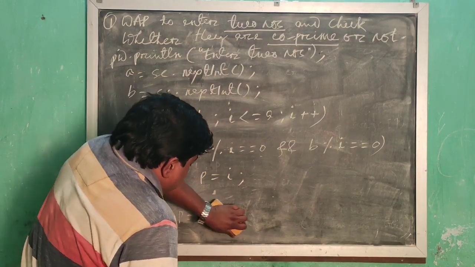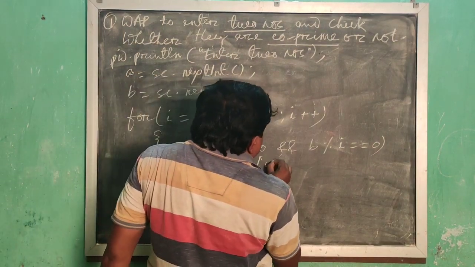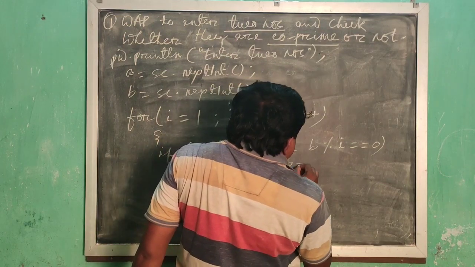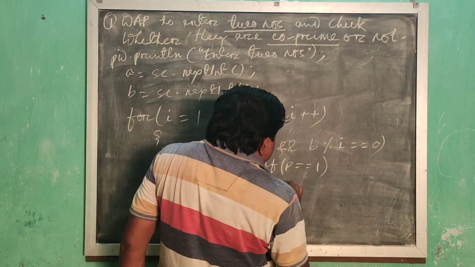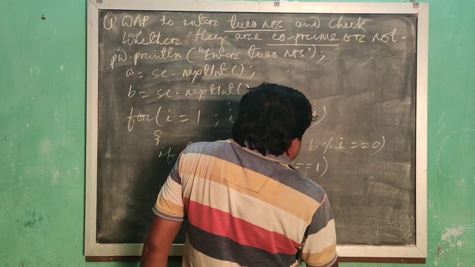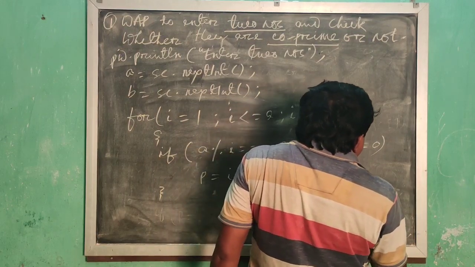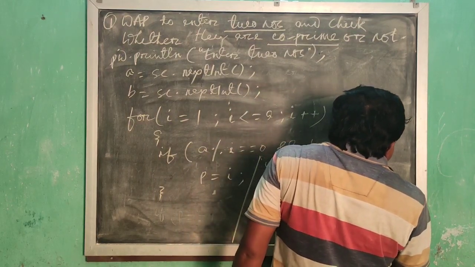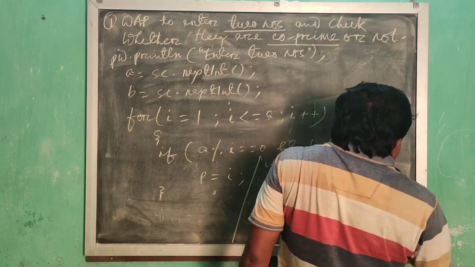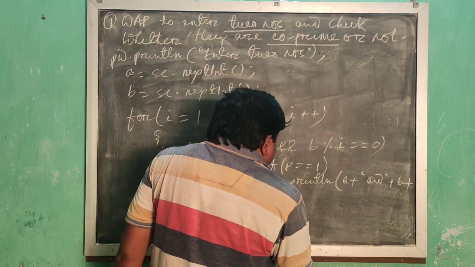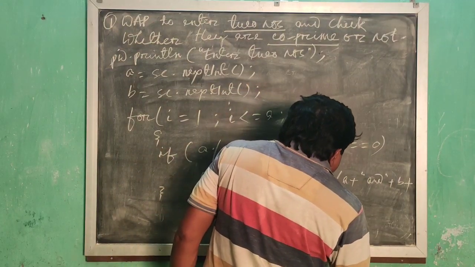Okay, we will write this side: if p equal to 1, then here you write pw dot println a plus within double quotes " and " plus b plus " are coprime numbers".